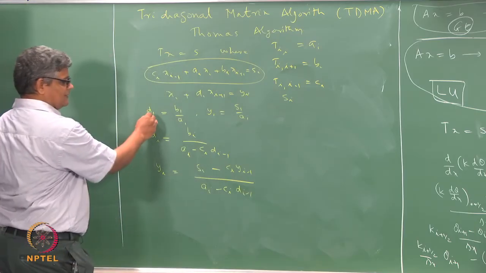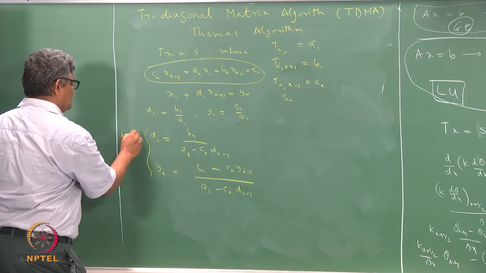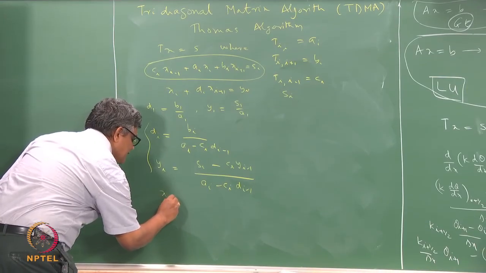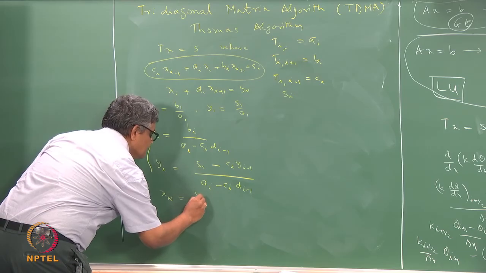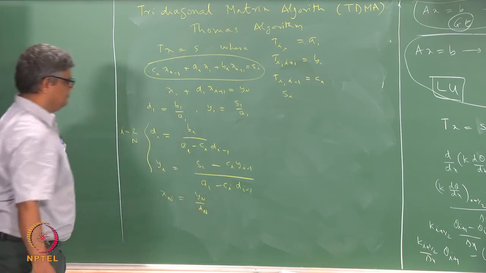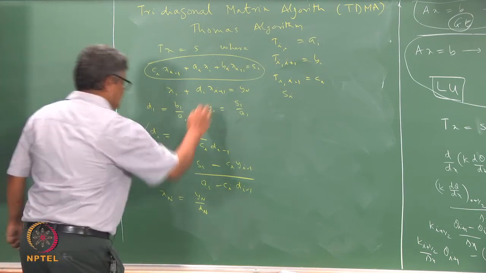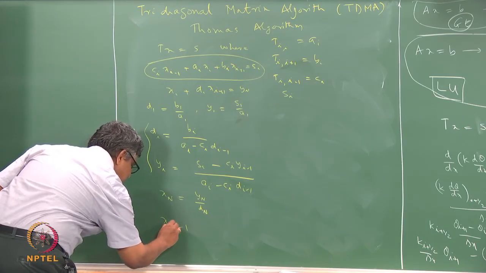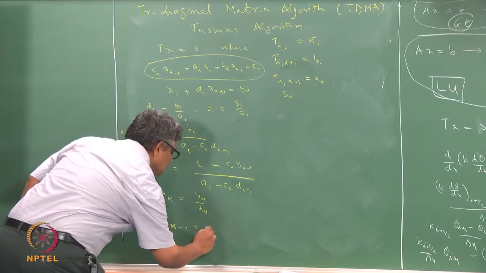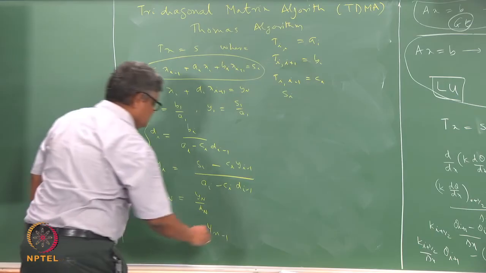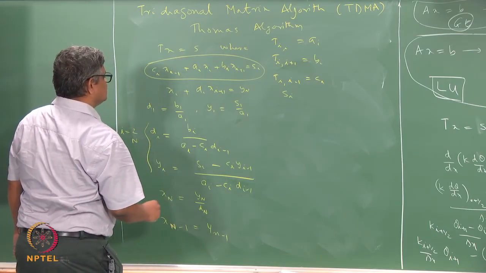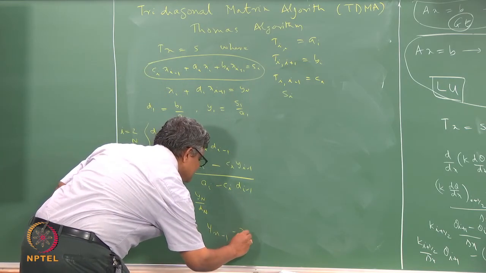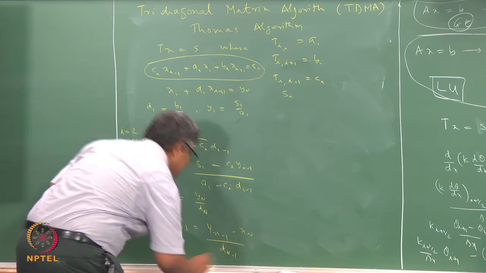So, we start with this and then we evaluate all these from i equal to 2 to n, and once you have this, you can then back substitute by saying xn is yn by dn, and then we can write xn minus 1 is equal to yn minus 1 minus xn divided by dn minus 1, and so on.